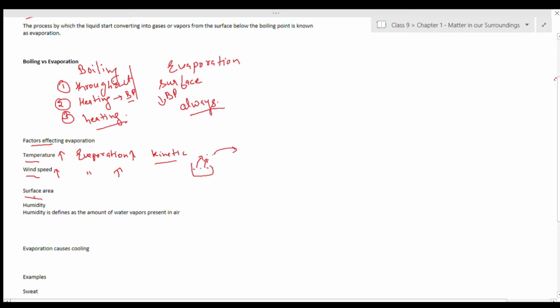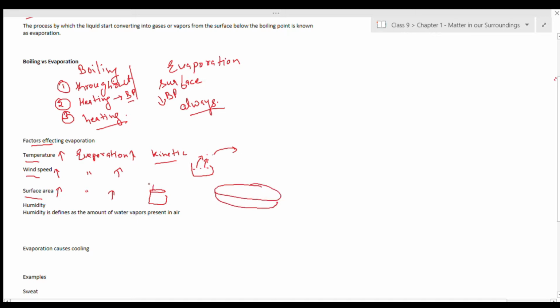The next factor that affects evaporation is surface area. The rate of evaporation increases with increase in surface area. For example, this is a small beaker with a smaller surface area, and this is a large bowl with a larger surface area.